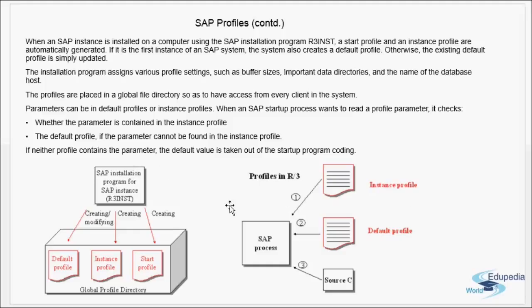And when we install an SAP system using the SAP installation program R3INST, an instance and the start profile are created. If it is the first instance, then the default profile is created. From the second instance onwards, the default profile is updated.